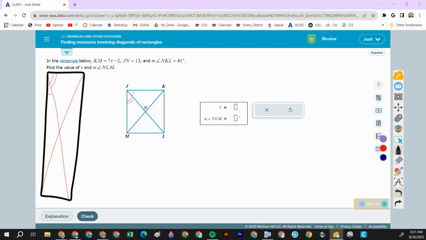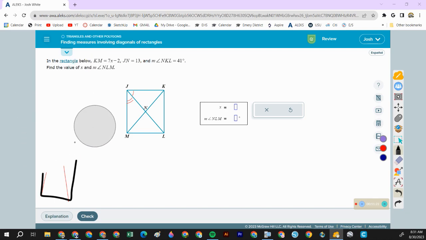No. So in a rectangle, that's not true. But if you notice, this one equals this one, and it equals this one, and it equals that one. Because this triangle is exactly the same as this triangle. Similarly, this angle equals that angle, which equals that angle, which equals that angle. You guys see that?